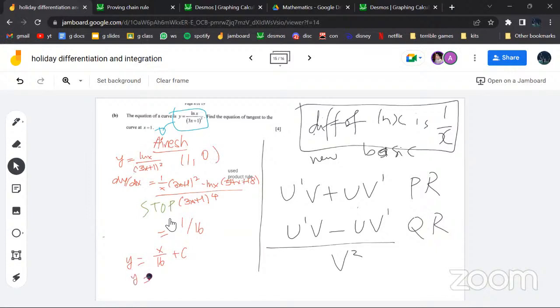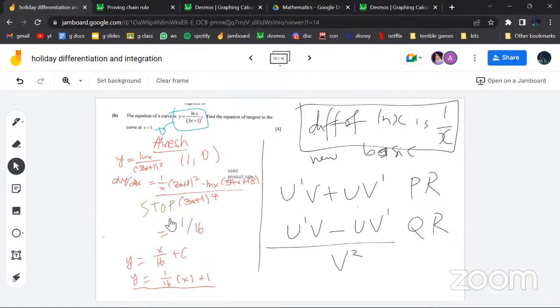Yeah, 1. It's 3 times 0. No, 1. No, x to the power 0 is? 1. So the differential of 3x is? 1. X to the power of 1 becomes x to the power of 0.